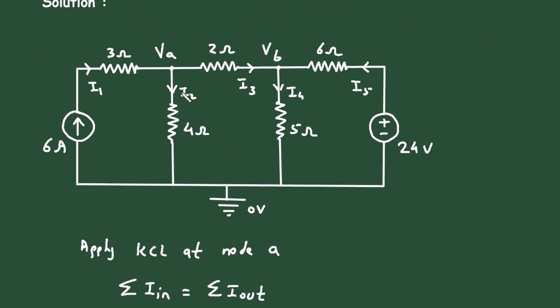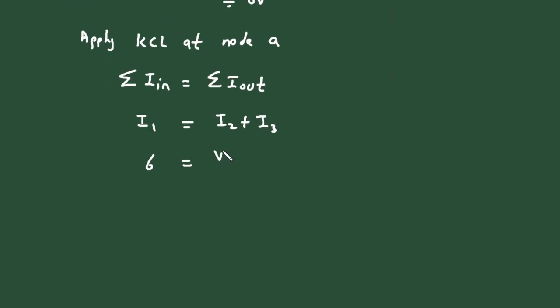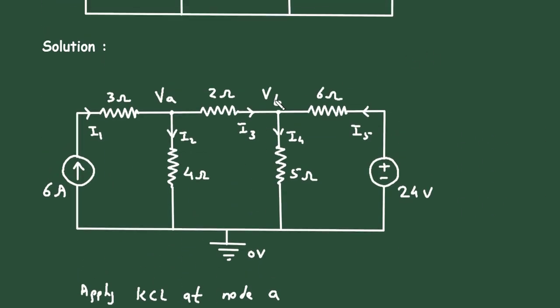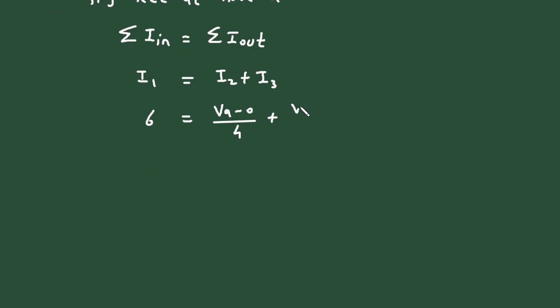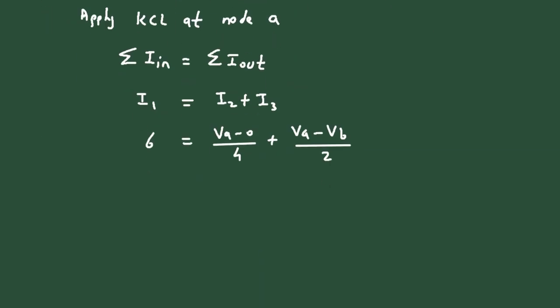Now this I2 will be VA minus 0 divided by 4, then plus I3. Now this I3 will be VA minus VB divided by resistance value, that is 2.